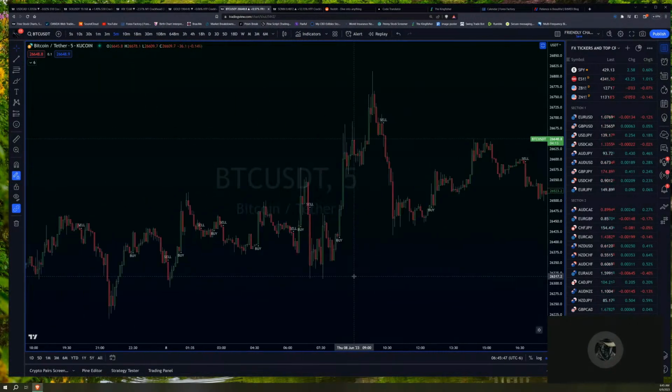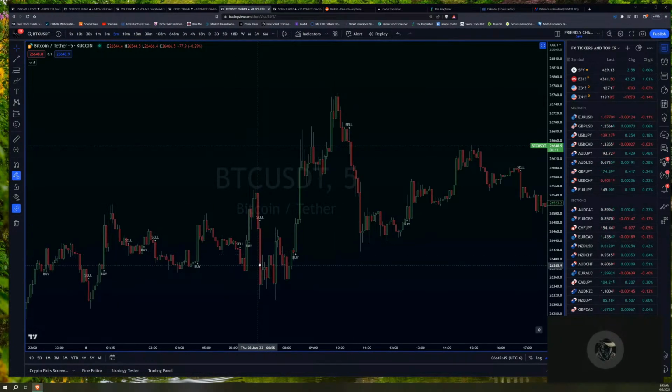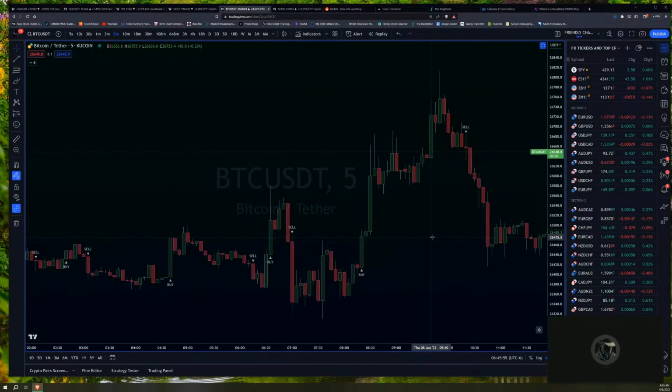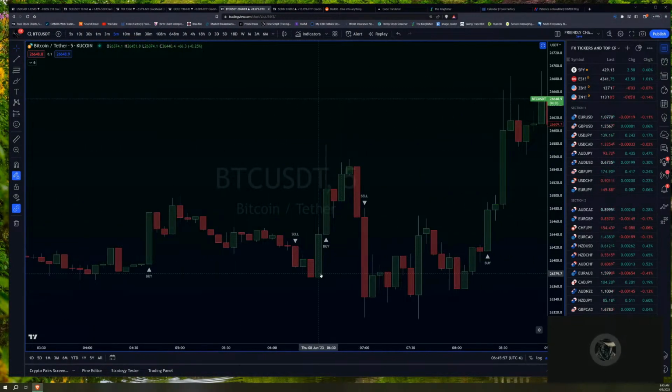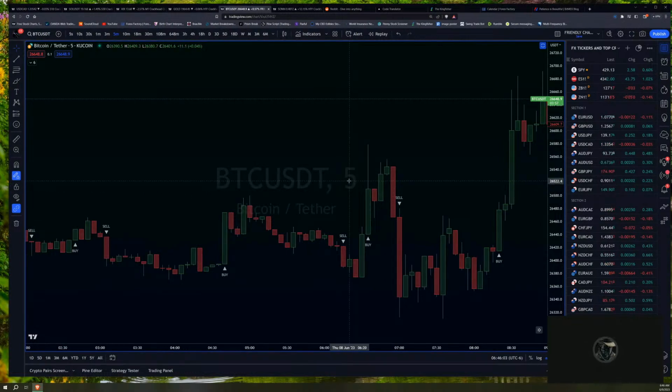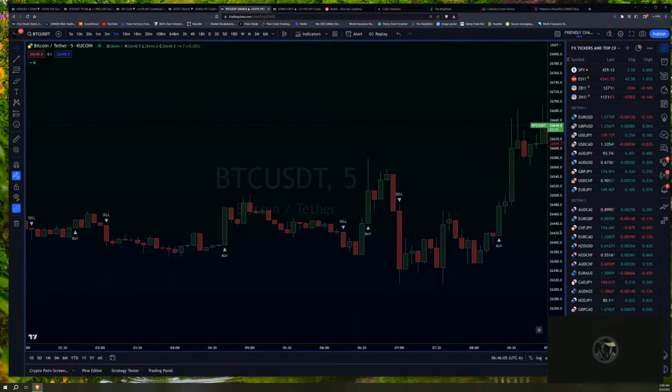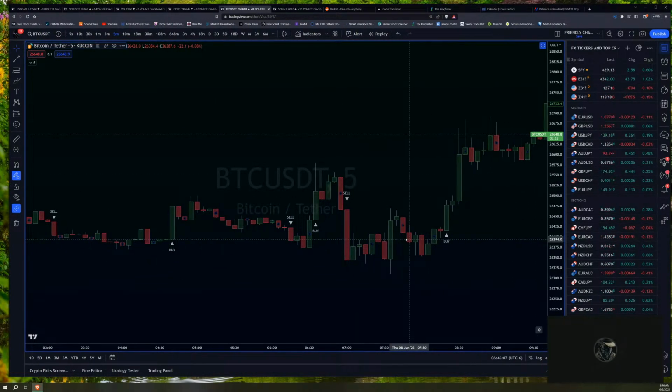There was a move, but it wasn't a move that was terribly out of the ordinary. It was just this green wick that kind of shot up. Technically it had an effect on crypto, but it was such a low effect. So that tells me that crypto is relatively stable right now, unaffected.